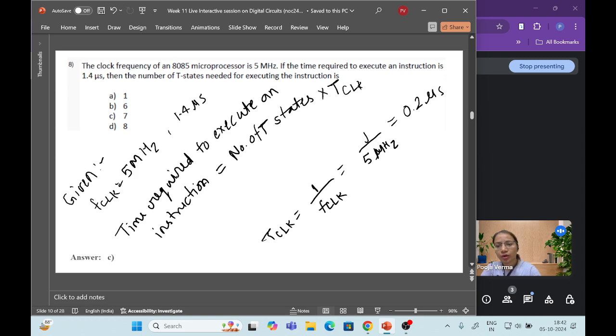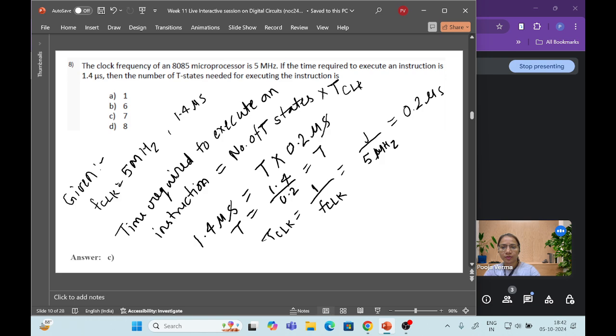Here the time required to execute an instruction is given, that is 1.4 microsecond, and we need to find out the number of T states. Now multiply by T clock, that is 0.2 microsecond. Microsecond will be cancelled out, and T is equal to 1.4 divided by 0.2, you will get 7.